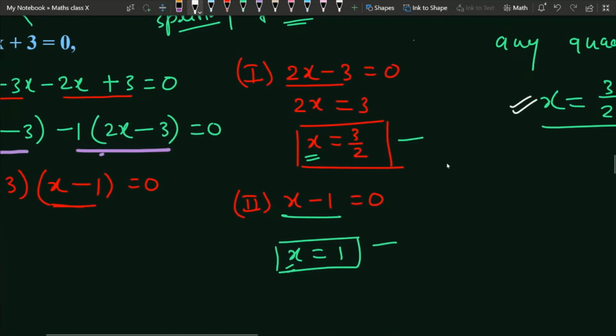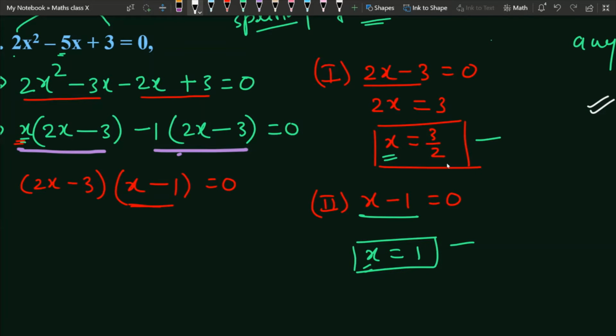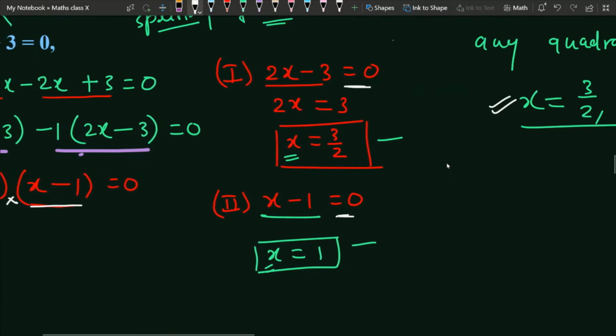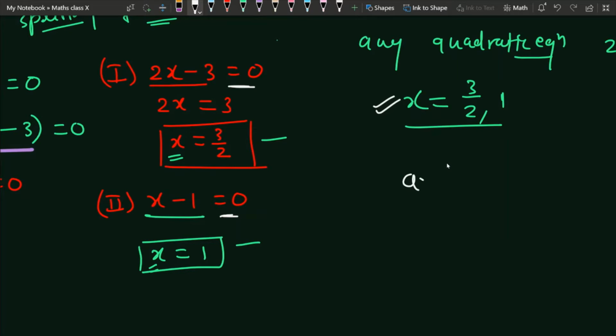One more. Why do we equate it to 0? See, in this equation, in the last step, there is something in this bracket, there is something in this bracket, and the product of these two brackets is 0. How is it possible that by multiplying two numbers or two expressions you get 0?